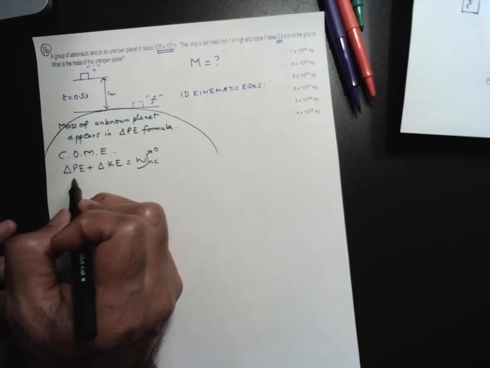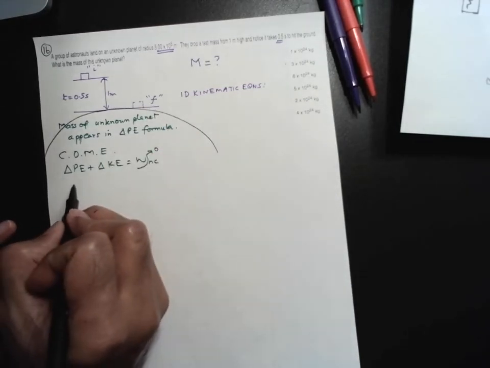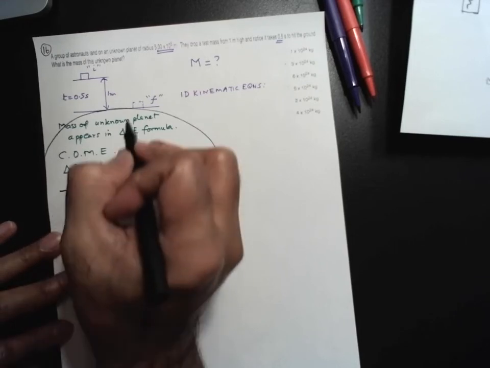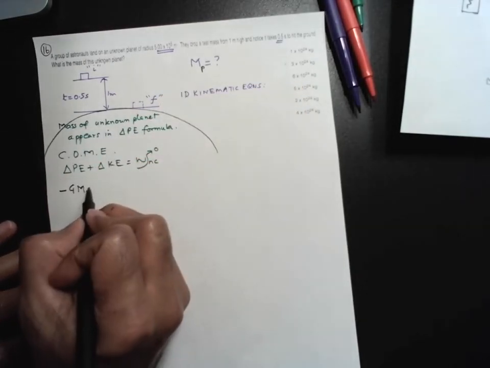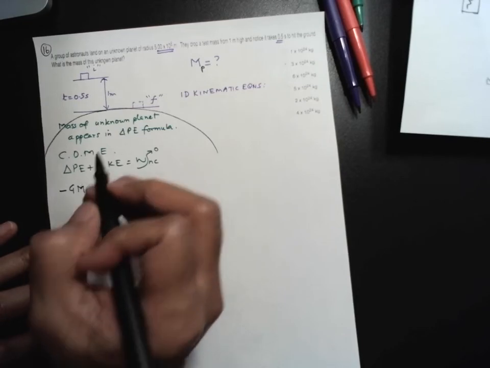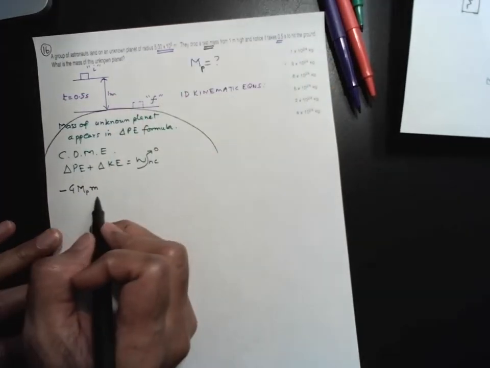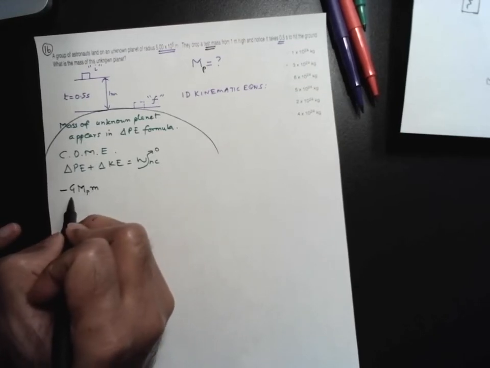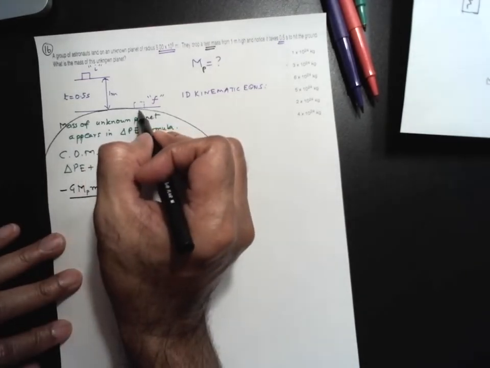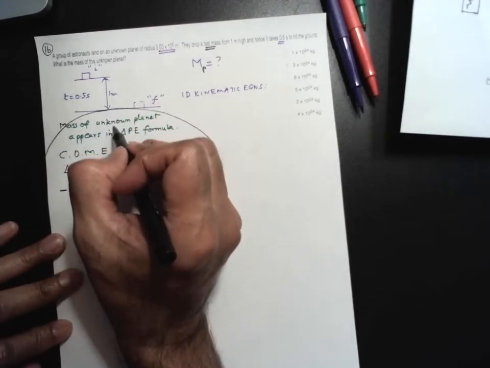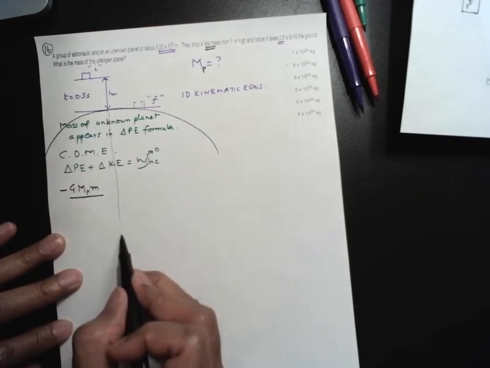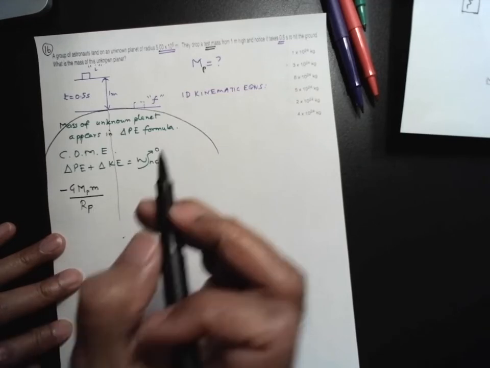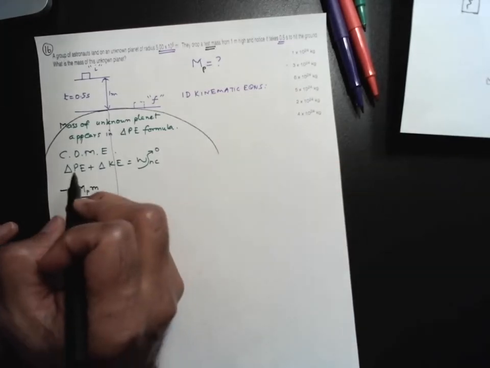And so the change in potential energy, well, the final potential energy is negative G times the mass of the planet times the little test mass, and we don't know the test mass. They've not given it to us, which means it'll probably cancel. So there it is. We'll put it in right now. And the final potential energy is where it's just the distance r away, the radius of the planet. That's the final potential energy.